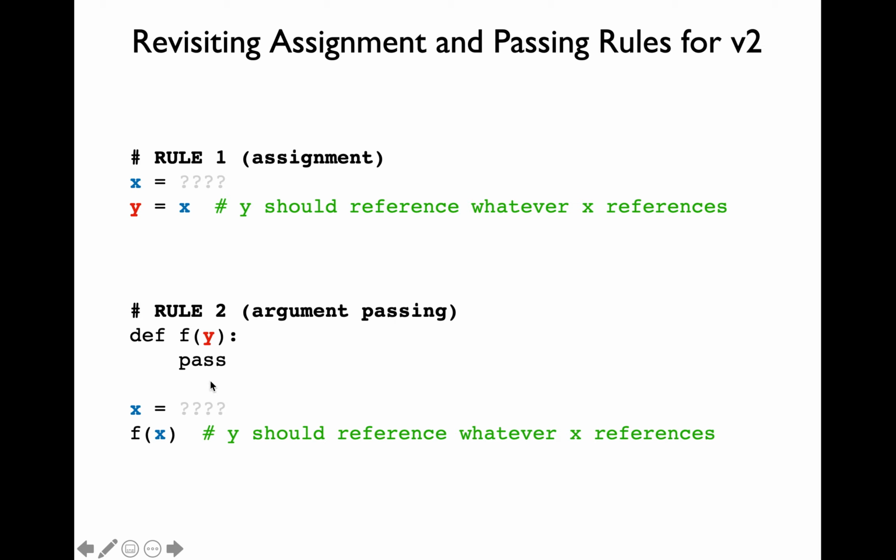Here we are stating that the parameter y should reference whatever is being referenced by the argument variable x. Once again, we will not be creating a copy of the object instance. We are rather only creating a new reference to the existing object instance. The new reference is going to be stored within the parameter variable y.